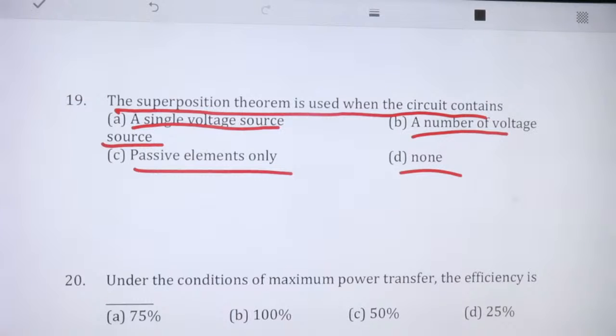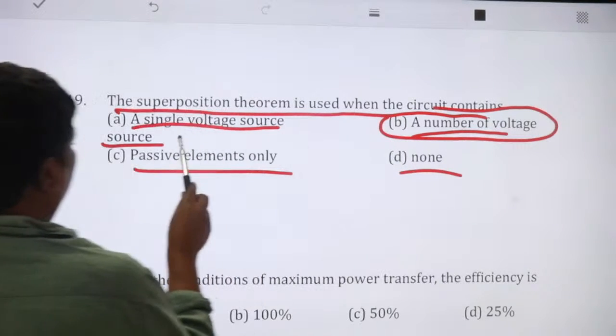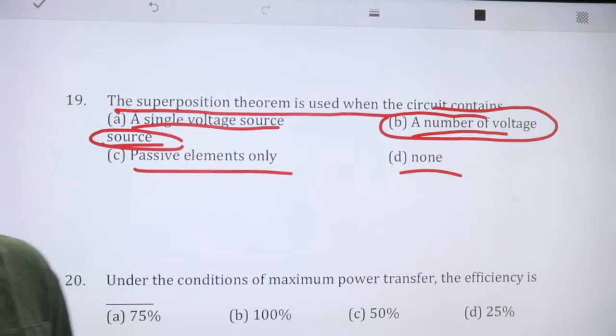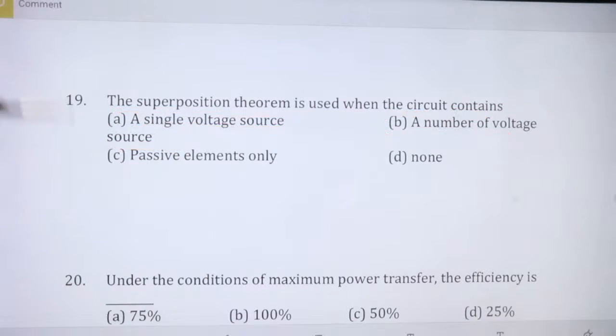The superposition theorem is applied if the network has a number of voltage sources. Multiple sources are there, then only we can go for the superposition theorem.